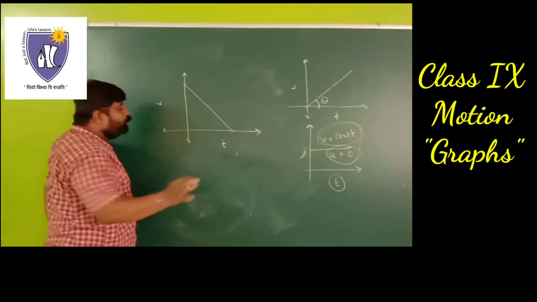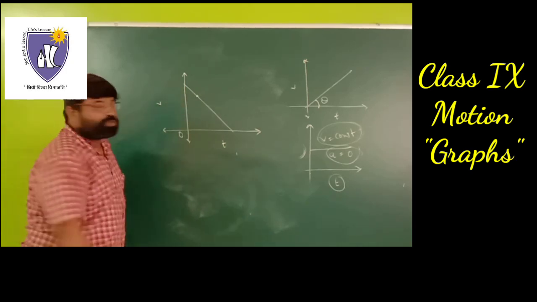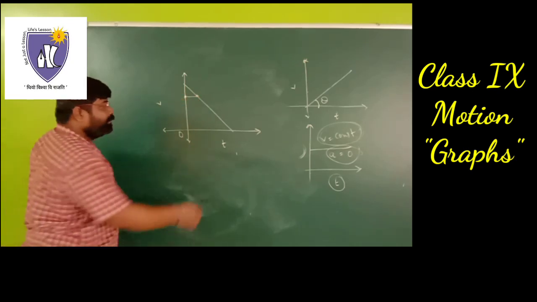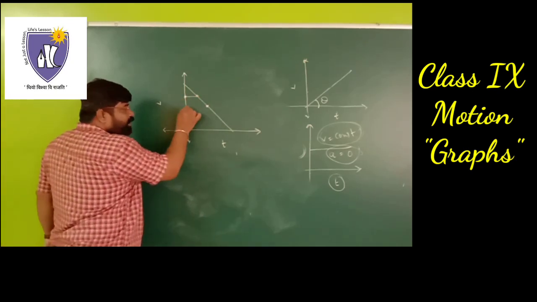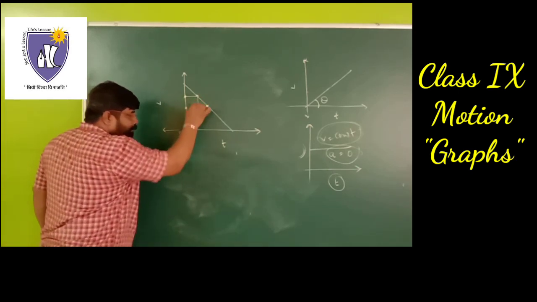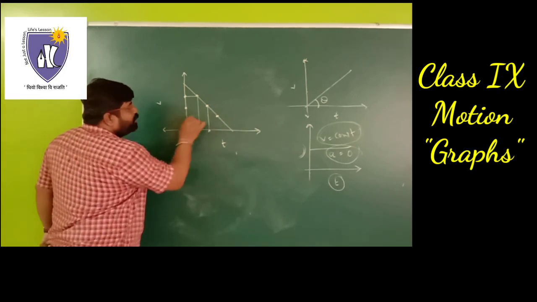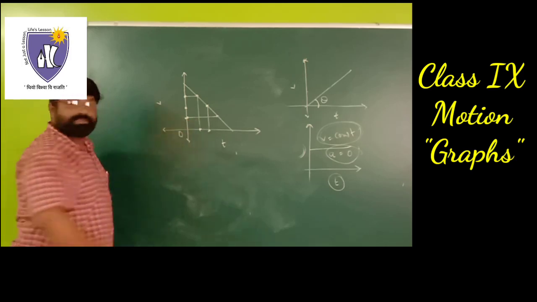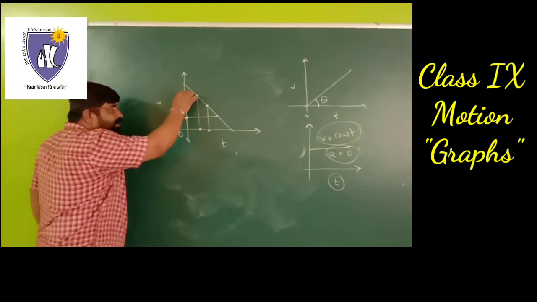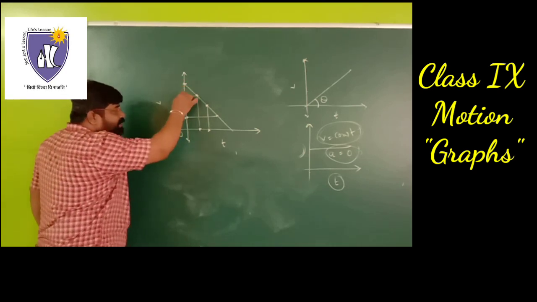If you know how to read the graph, you see at this point the speed of the object is this one, and at a different time, at this point, the speed is this. So what is happening? The object is decreasing its speed.